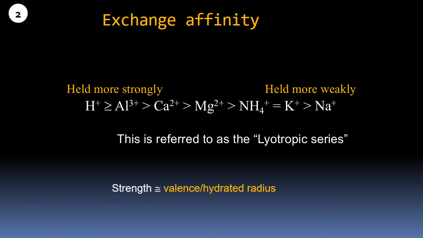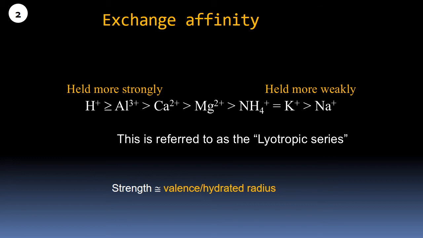As you can see, the ones that exist to the left have a higher strength, and therefore they will be held more strongly in the soil, in the adsorption side, the exchangeable side, than the ones to the right. And you would see that hydrogen is almost equivalent or stronger than aluminum. Why?